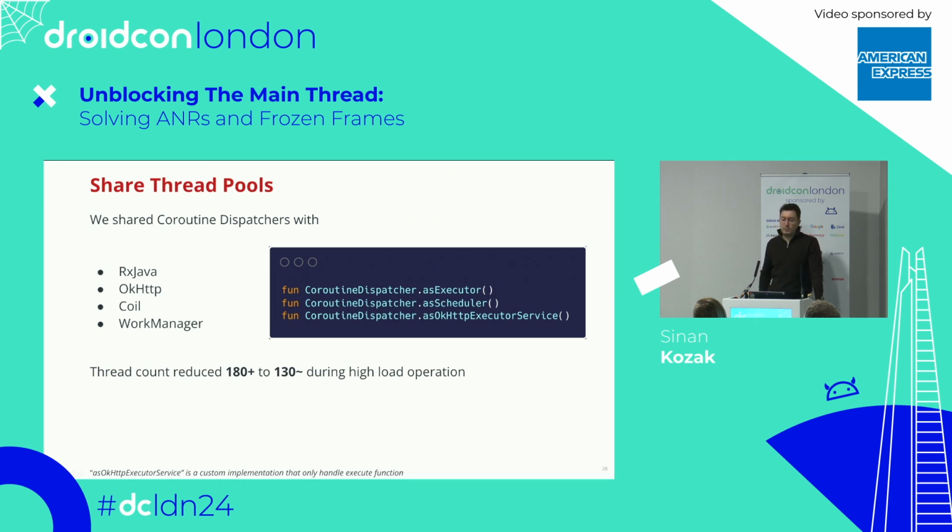We didn't go and use the same coroutine dispatcher everywhere, because while we investigated and read the code of the other libraries, they usually create threads whenever they need them, and some of them don't keep the idle threads alive and destroy them when they don't operate.